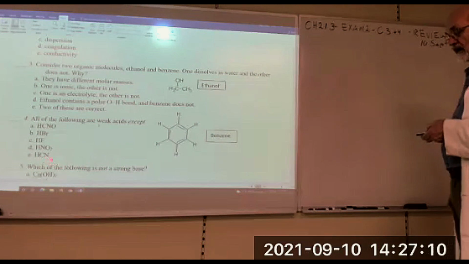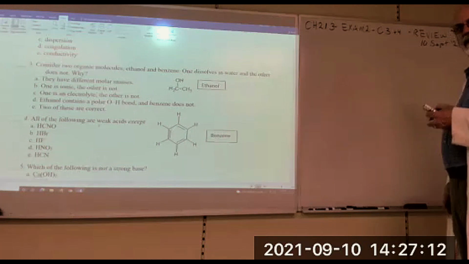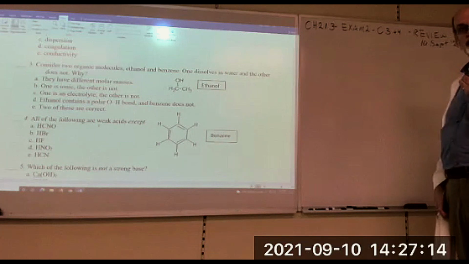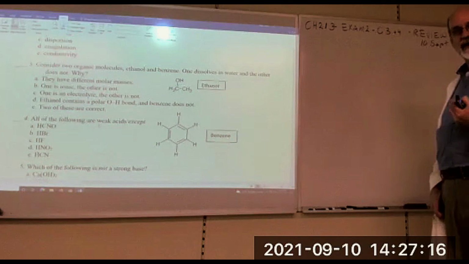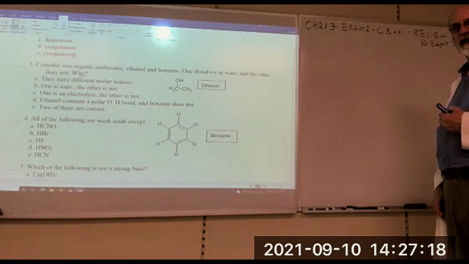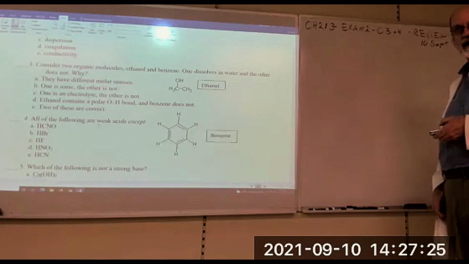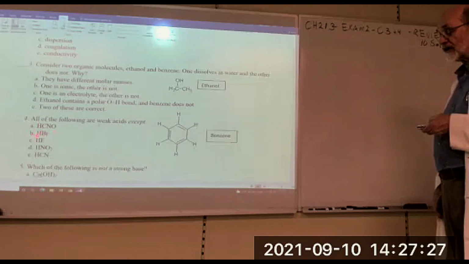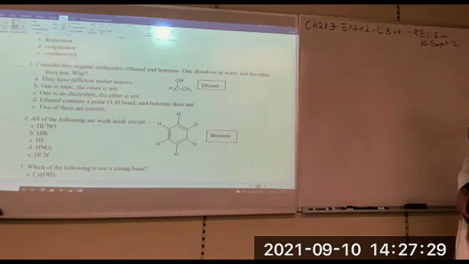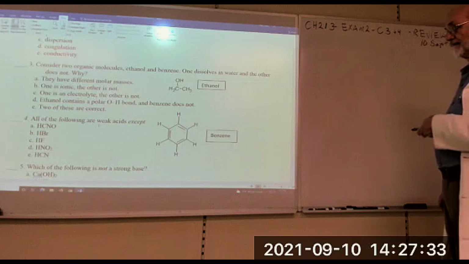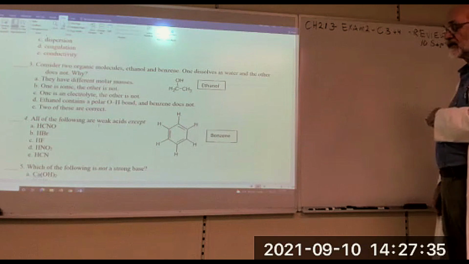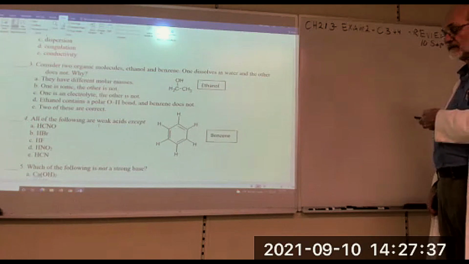The rest of them are weak, which means they don't dissociate readily in aqueous solution. They give up a few hydrogen ions, break these off here, here, here, here, and here, but not completely. Hydrobromic acid, yeah, it completely breaks apart. And in that respect, it'd be considered a strong electrolyte too.